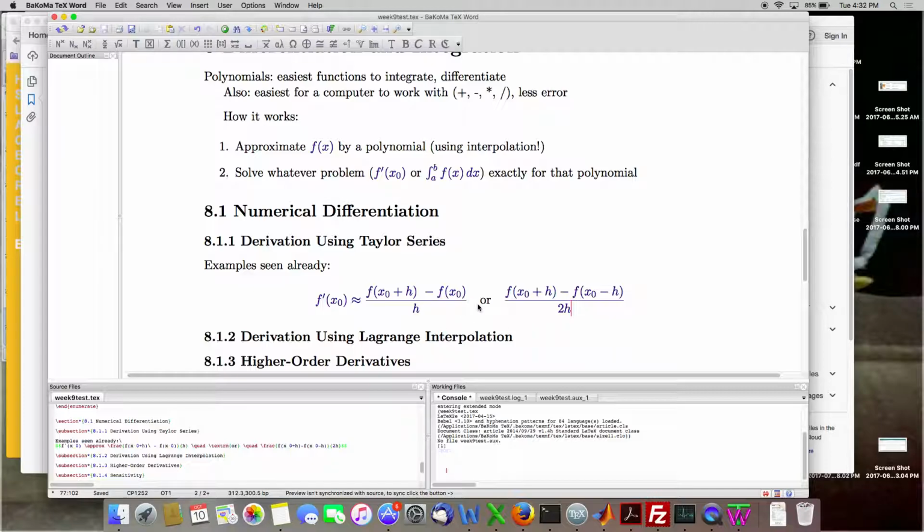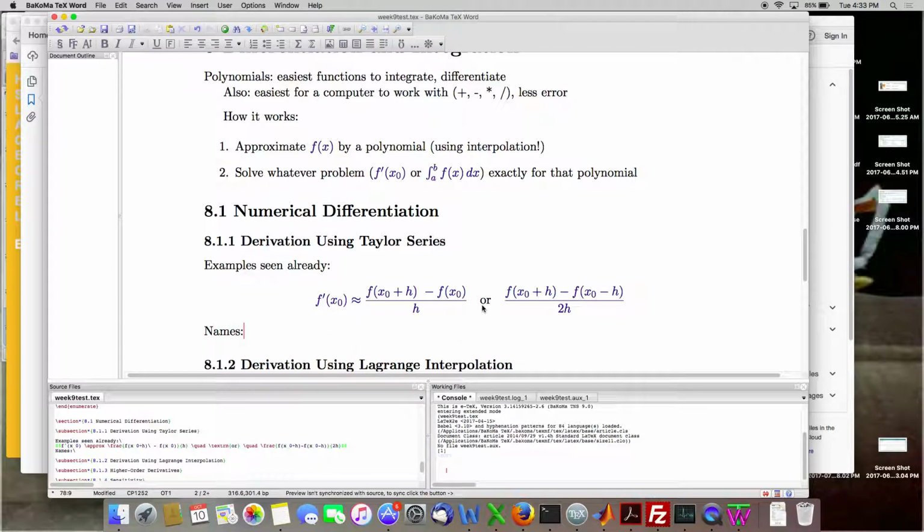So these formulas, I'm going to give them names. The first one is called a forward difference. And the second one is called a center difference. Because this first formula only uses information at x naught or to the right of x naught.